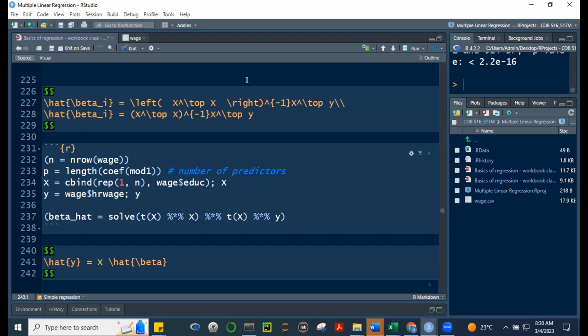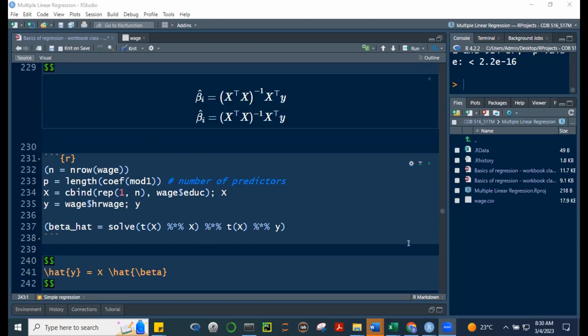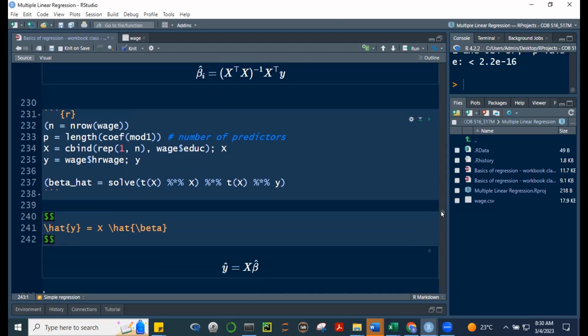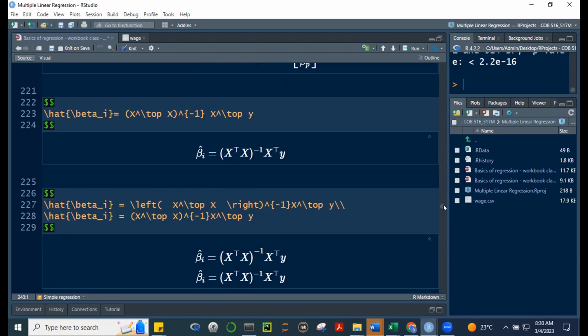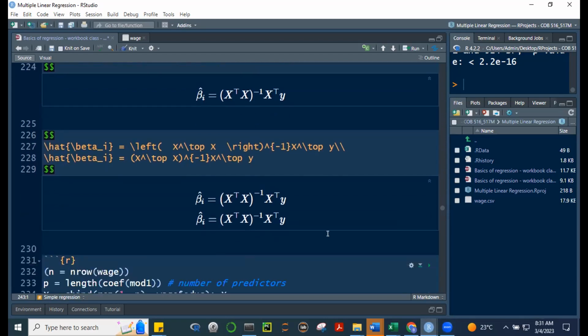Okay, so I won't be discussing that now, but I'll share with you a video about my discussion of this particular solution. But just be aware of how R, or how any statistical software, solves for the parameters. It's this one.